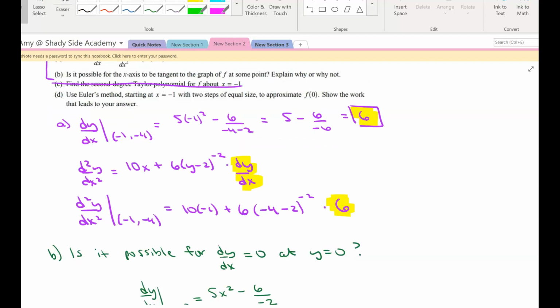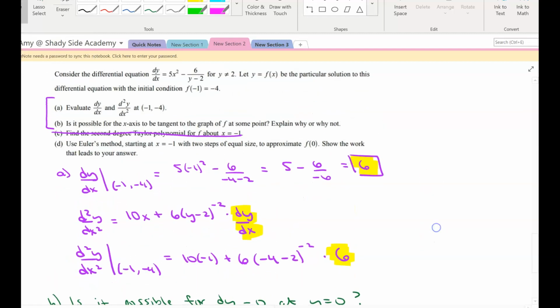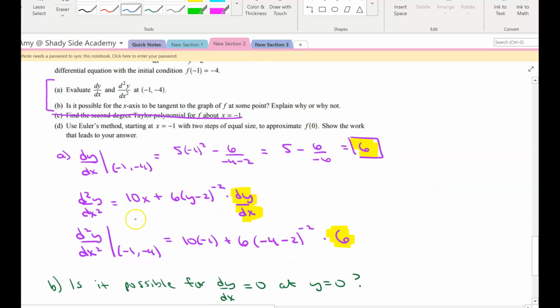Okay, everyone, here's part A and B. A and B are fairly straightforward. So here's A, here's dy/dx, here's d squared y by dx squared. And notice here that you need to be careful with the implicit differentiation. There's a dy/dx here.